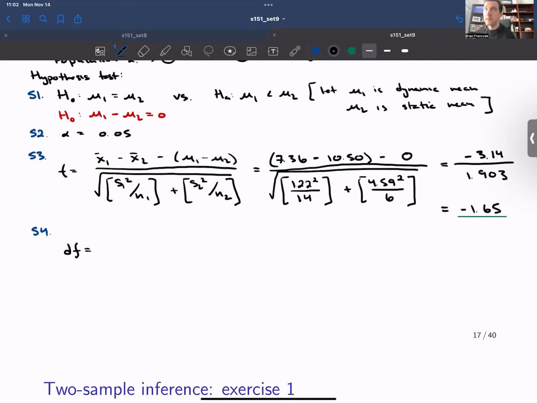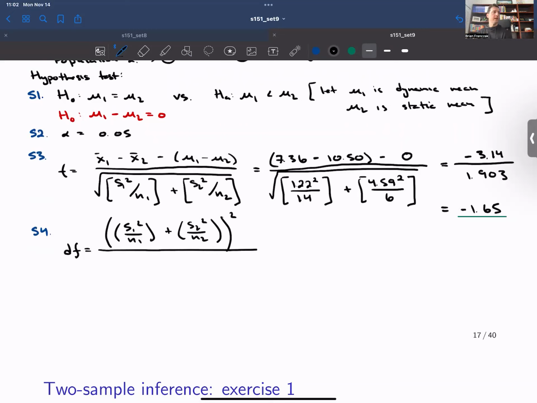So the degree of freedom here is going to be (S1 squared over N1 plus S2 squared over N2) all squared. I'm just going to make sure I have it correct here. So we're going to have (S1 squared over N1) all squared, plus (S2 squared over N2) all squared.